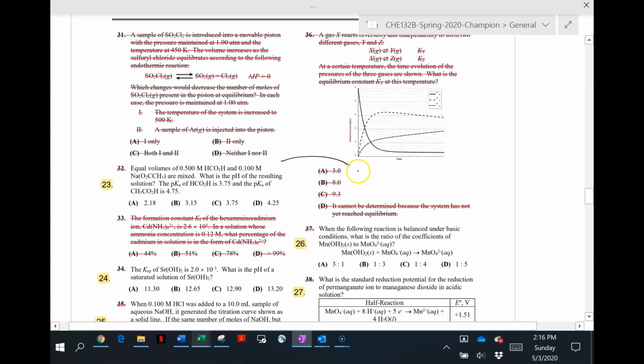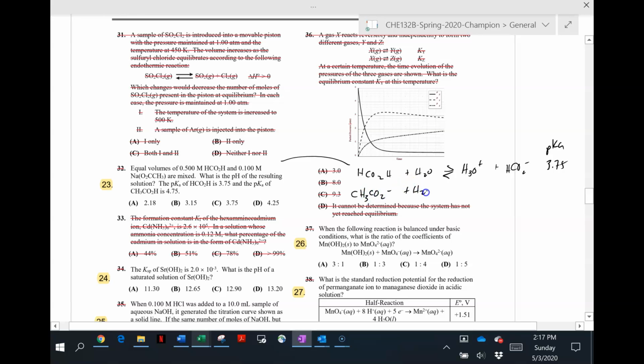We've got formic acid, and that's going to react with water and form hydronium ion plus the HCO2 minus formate ion. The pKa for that is 3.75. And then this would be the acetate ion, CH3CO2 minus.